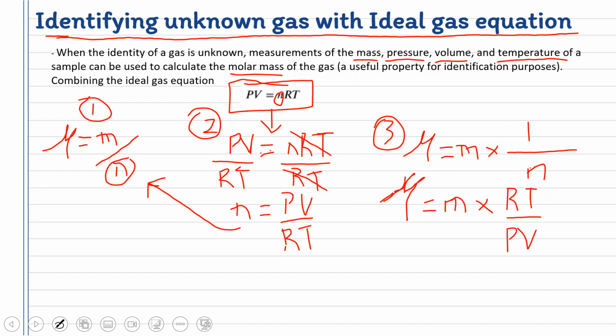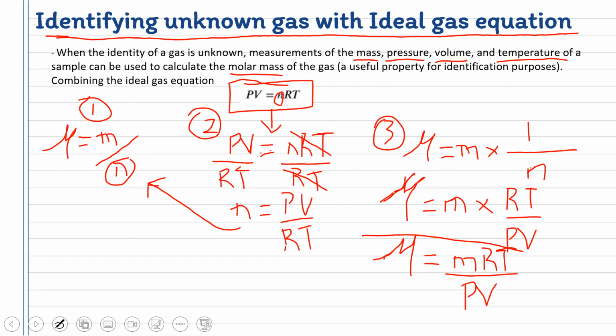Right? So now we can write our molar mass to be equal to MRT divided by PV, and that's our final answer here.